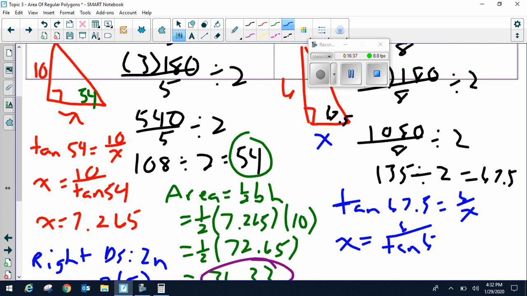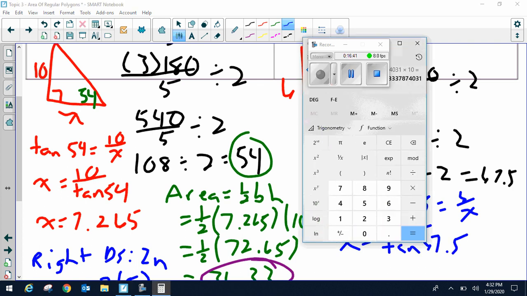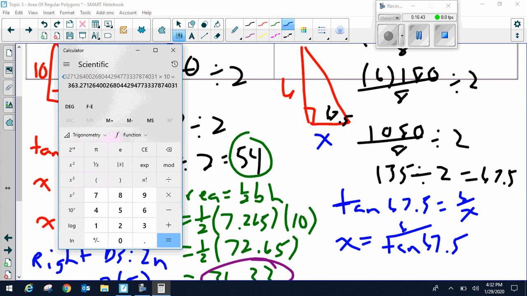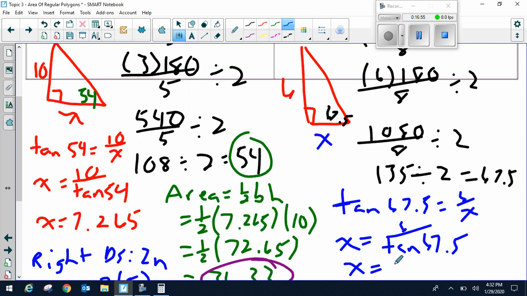So again, I'm going to move my calculator over to the other side. You can see it. I'm going to do 6 divided by 67.5, hit tan. That equals, so I get 2.485. And that's going to be my base.